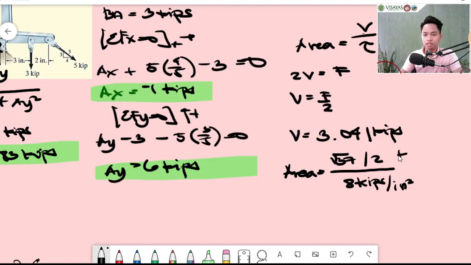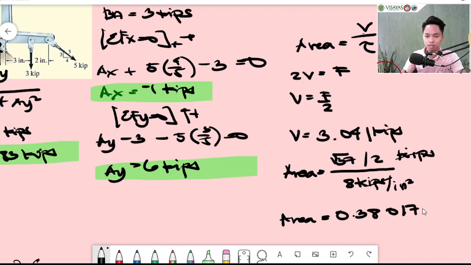The kips cancel. So, the area would be equal to the square root of 37 over 2 divided by 8. The answer would be 0.38013 square inches.